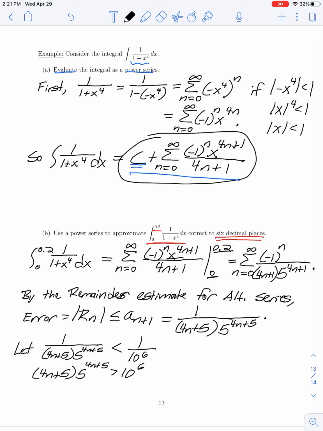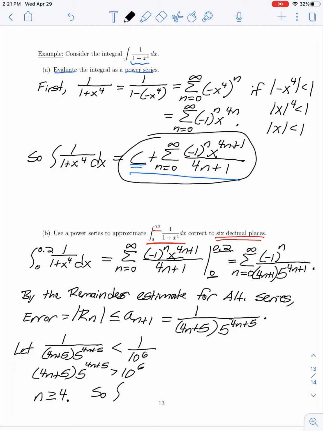And if we start choosing integer values of n, starting at 0 and moving upward, we see that the first value of n for which this is true is 4. So we need n to be at least 4 to approximate the value of this definite integral to within 6 decimal places.